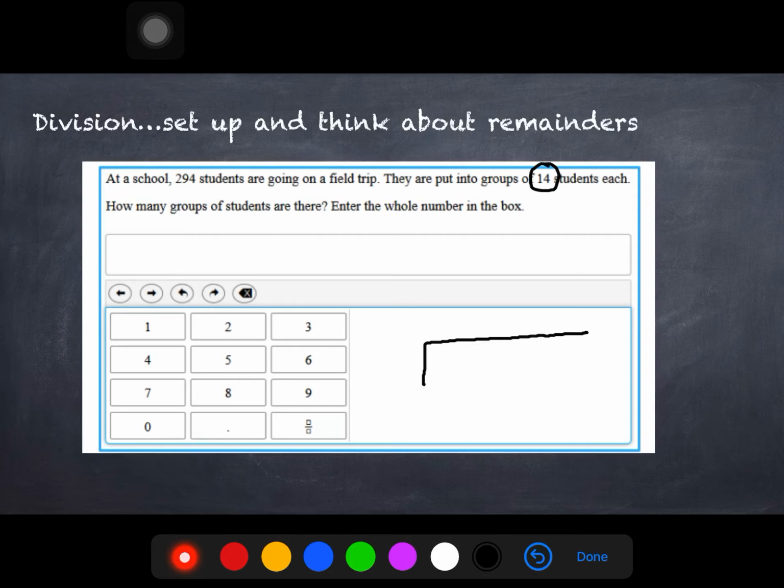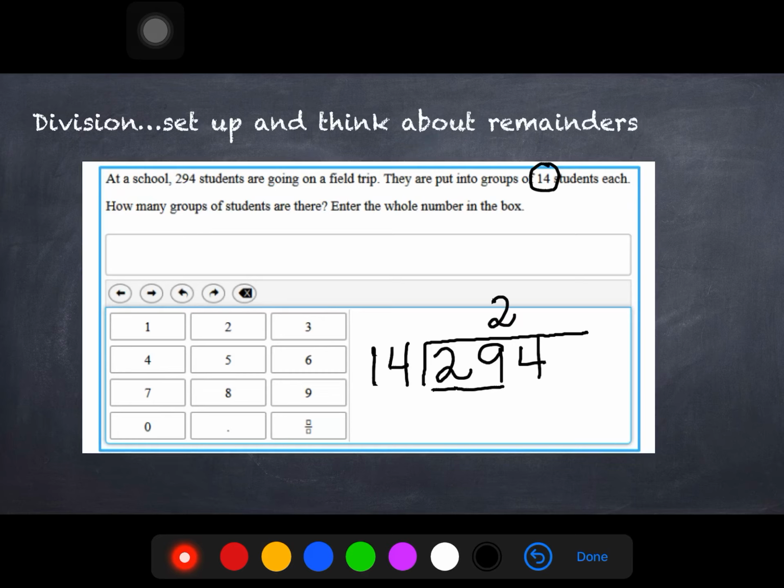Enter the whole number in the box. So, this is not a division problem. Oh, how many students are there in the group? Oh my gosh. It is 294. Oh my goodness. And dividing by 14.